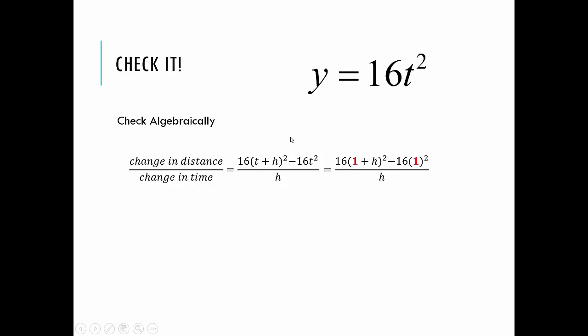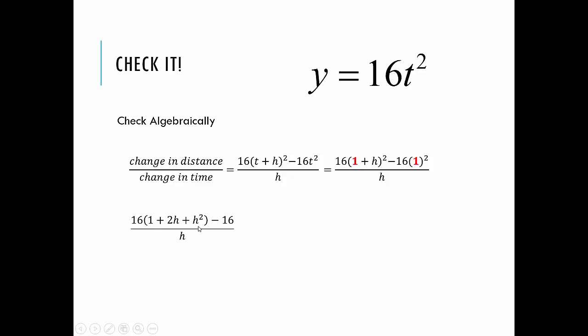Well, I want to know when t is exactly 1 second, so where I see a t, I plug in a 1. And then we get all algebra crazy here and we FOIL this out. So remember, that's 1 plus h times 1 plus h. When you FOIL this, you get 1 plus 2h plus h squared.